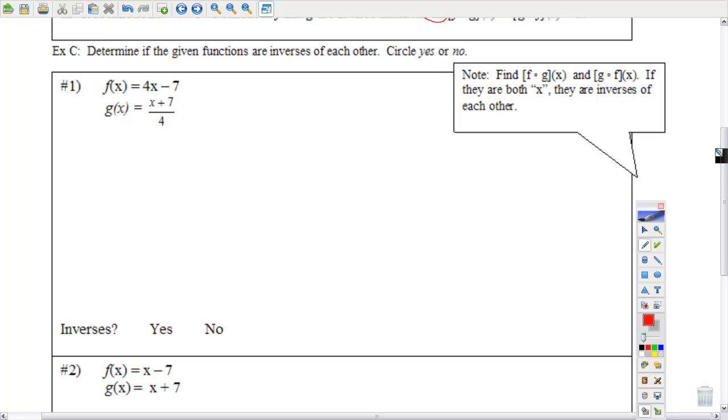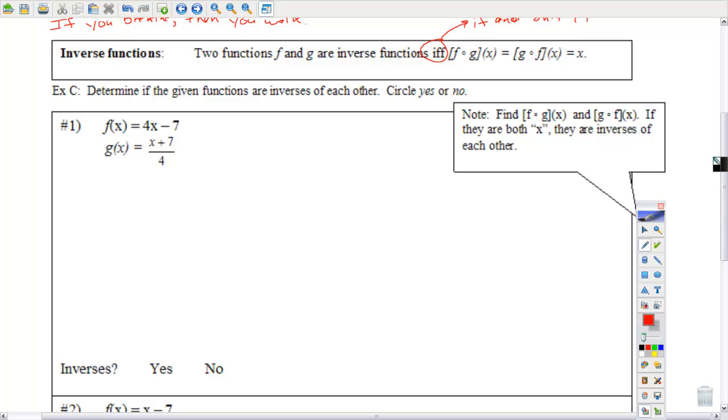So example C, determine if the given functions are inverses of each other. Well, we do this composition, and if we get the answer x for both of them, then they're inverses. If we don't get the answer of x for both of them, then they're not.